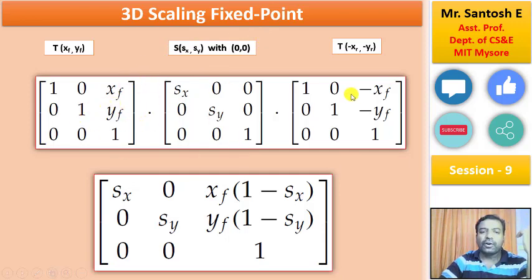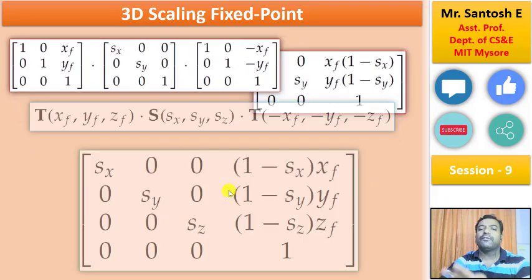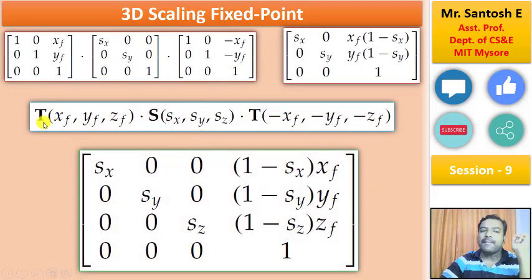For this, we derived a common or composite matrix which works for fixed point 2D scaling. Now the same thing will be applied for 3D scaling also. I am going to apply translation, but now it's not only 2 factors, I'll be using 3 values for the translation, and use all 3 scaling factors for scaling at the origin, and retranslate to the original position.